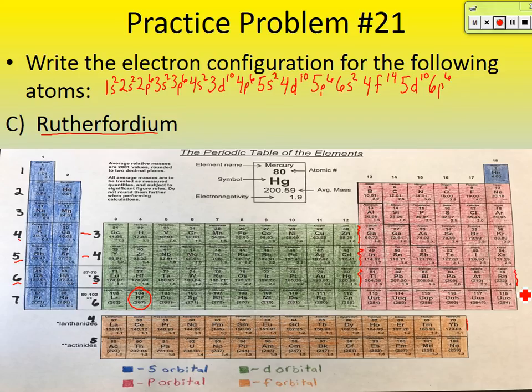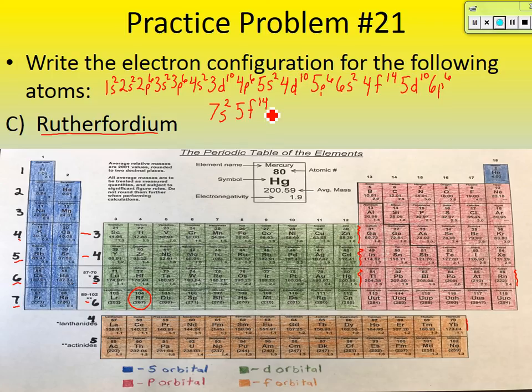Let's come down, left to right, just like you would read a book, to the 7th energy level. I'm going to start again right down here. So 7s, there's 2 across, so 7s2. Now be careful, we're to these 2 asterisks, which tells us to drop down to 5f. And if we go all the way across, there's 14 of them.